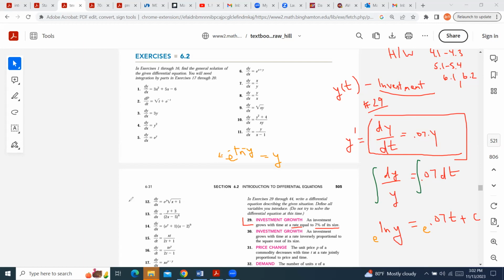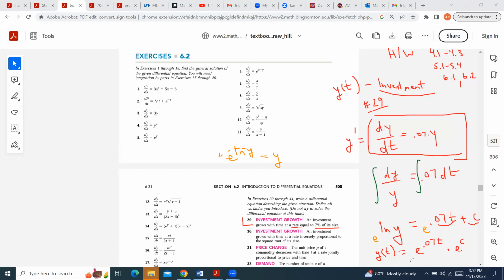That's our answer. This is going to be y, function of variable t, is equal to this type of expression, e to the power of 0.07 t, and then plus the constant means it's multiplied by e to the power of constant, right? Because sum of powers means it's a product of exponents.